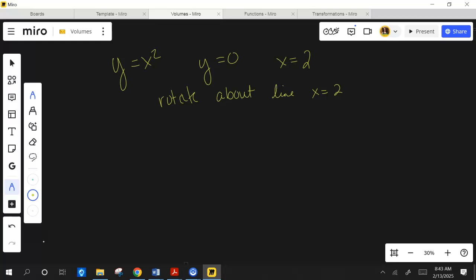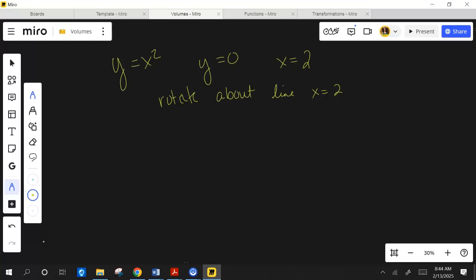All right, look. What does that entail? We're rotating the other way.